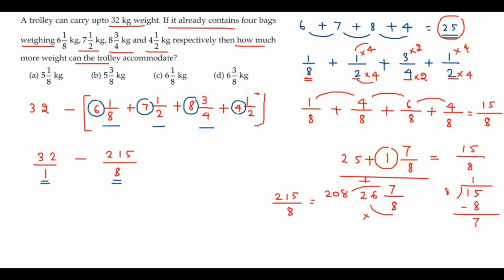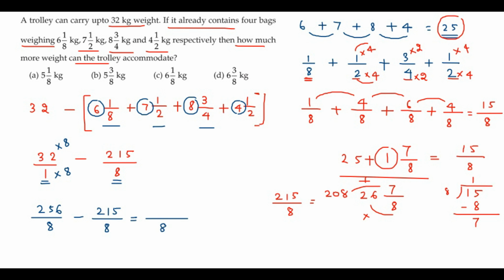For that I have to multiply 1 by 8, and when we are multiplying the denominator 1 by 8, we have to multiply the numerator also by 8. 32 multiplied by 8, this is 256 upon 8 minus 215 upon 8. Now both of them are like fractions, so the denominator of the answer is 8.